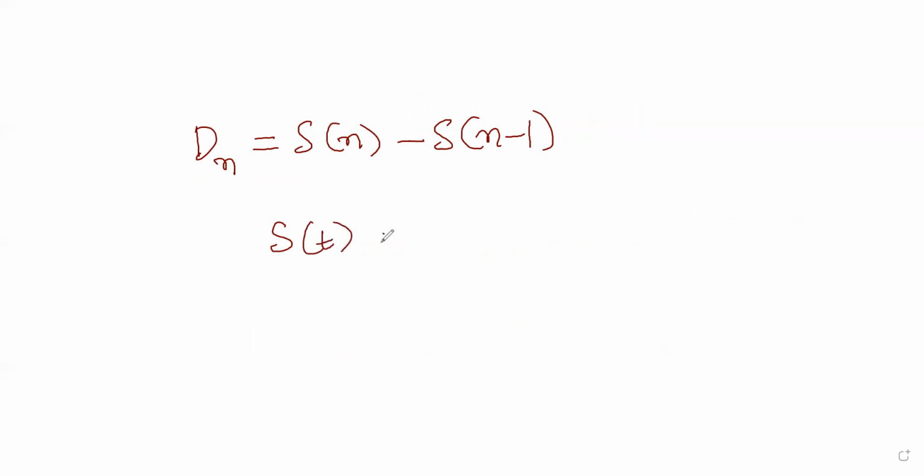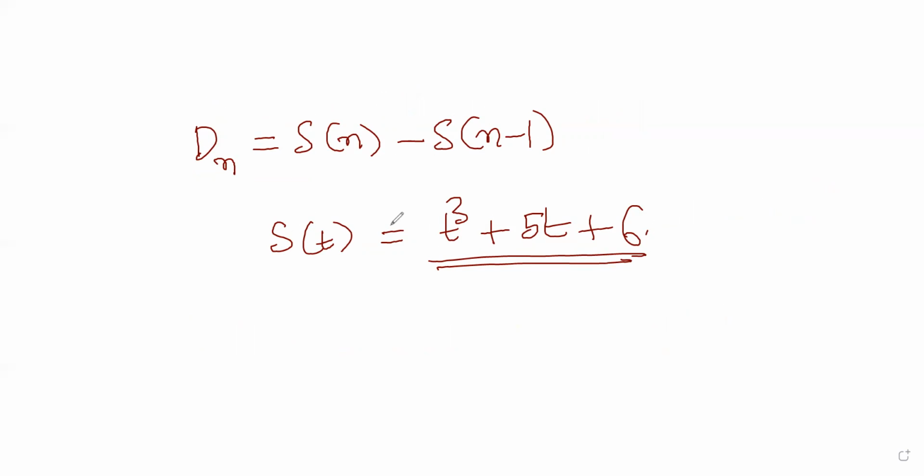So displacement dn is actually Sn minus Sn minus 1. Suppose I give you the displacement function s of t, something like t cube plus 5t plus 6. If I give you this, then if you apply the formula u plus a into n minus half, that is not going to work.